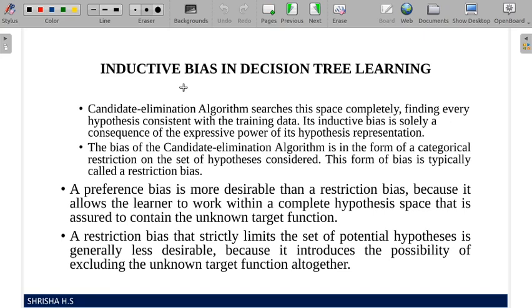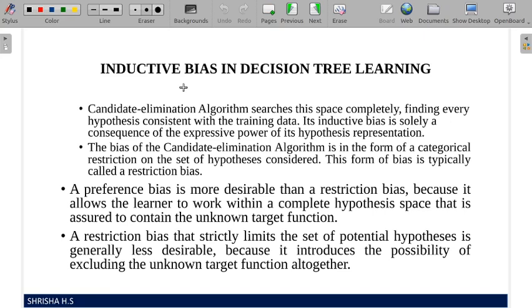So this is the comparison between the basis on which the candidate elimination algorithm selects particular hypotheses and the basis on which ID3 selects hypotheses. So we now know what restriction bias and preferential bias are.